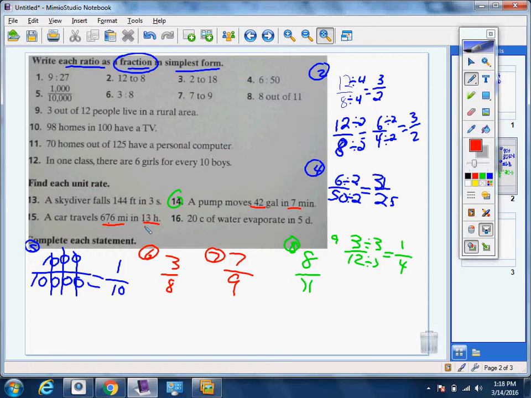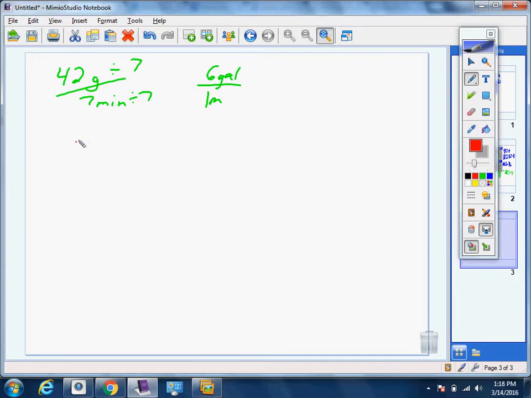I'll do number 16, and then we'll go on with today's lesson, which was 20 cups over 5 days. So if you have 20 cups and it evaporated over 5 days, we want to know how many cups evaporated in a day. So we're going to divide the top and the bottom by 5. You got to divide it by 5 because you want the bottom number to be 1.